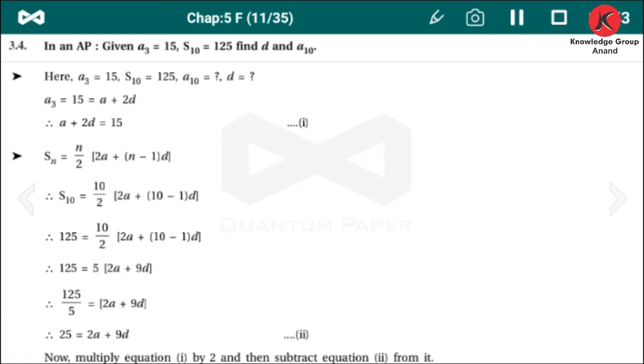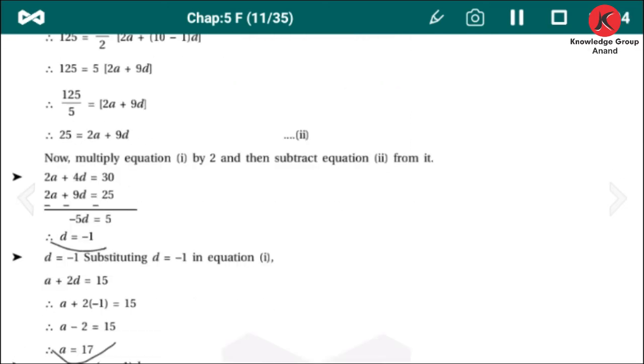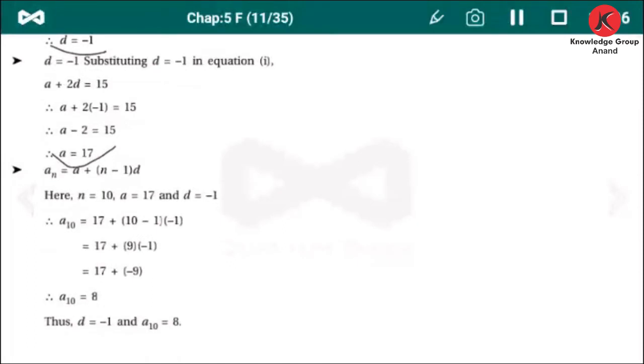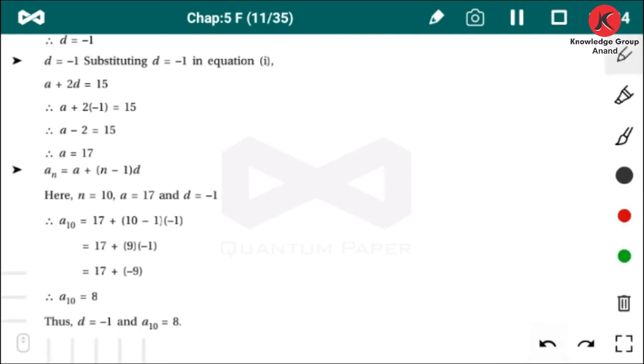Solve these equations using A3 and S10, getting two equations and using the elimination method to find A and D. When we find A and D, then using the formula An is equal to A plus n minus 1 into D, we get A10 is equal to 8.